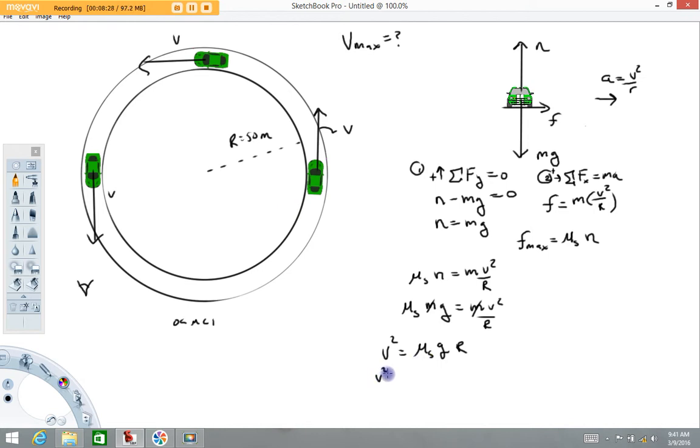We have v squared equals 1 times 9.8 meters per second squared times the radius of curvature, which is 50 meters. And I get about 22 meters per second out of that.